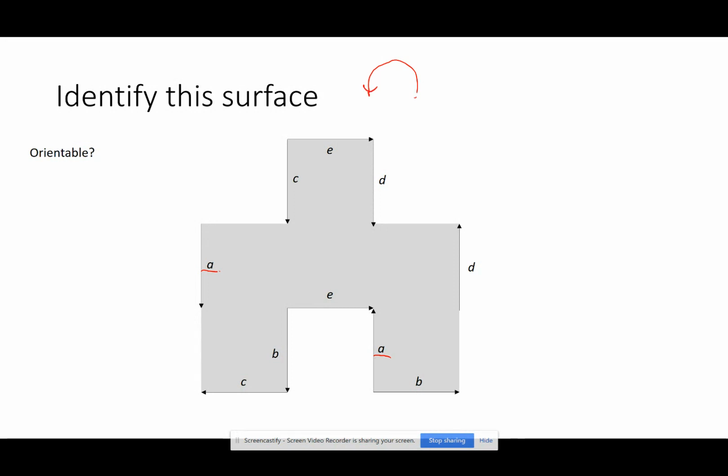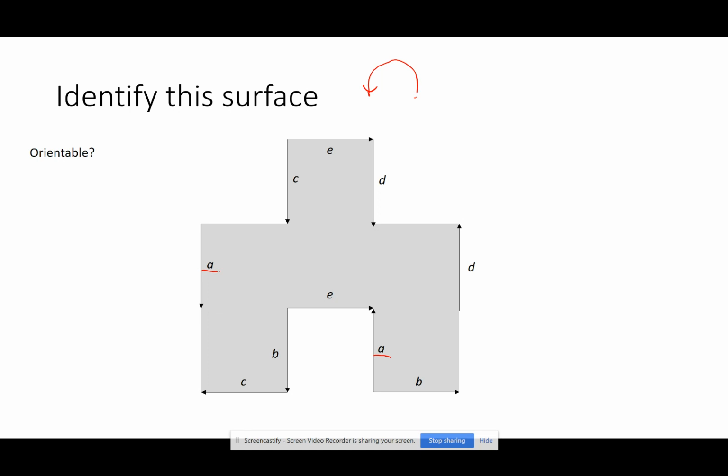So we need to make sure that all pairs of edges that have the same label have opposite directions. One of them is clockwise, the other one is counterclockwise with respect to the boundary of the surface, or with respect to the whole polygon, right?